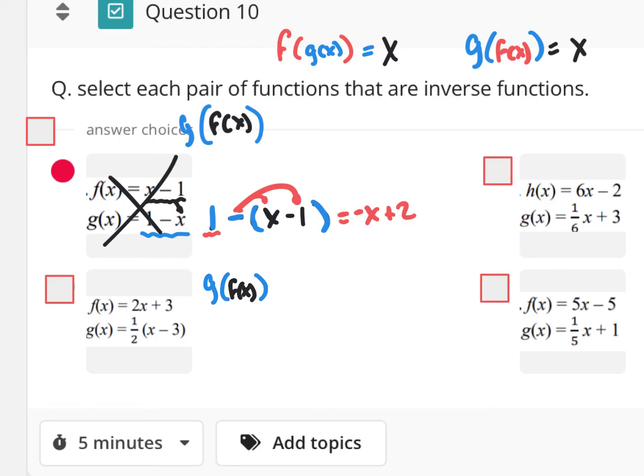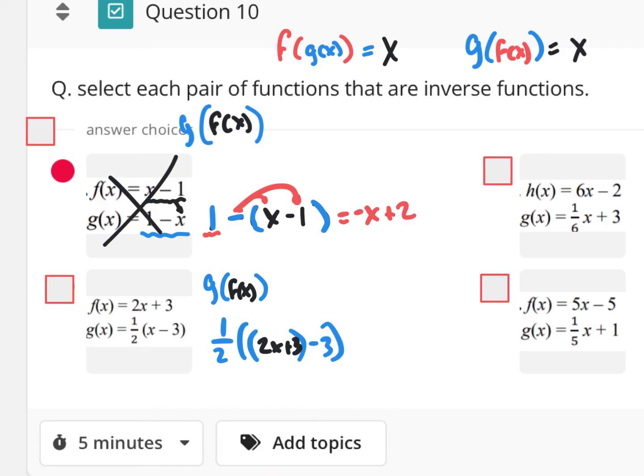So my g of x function, I'm going to do it in blue, 1/2 parenthesis. Instead of x minus 3, I'm going to put the minus 3 there, but I'm going to put parentheses again in place of this x. So I'm plugging in my 2x plus 3 right here in place of the x in these parentheses. So here we go, plug in the 2x plus 3.